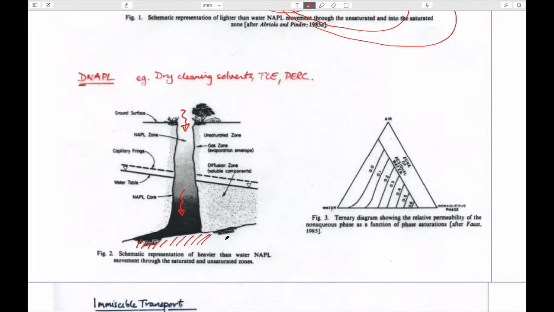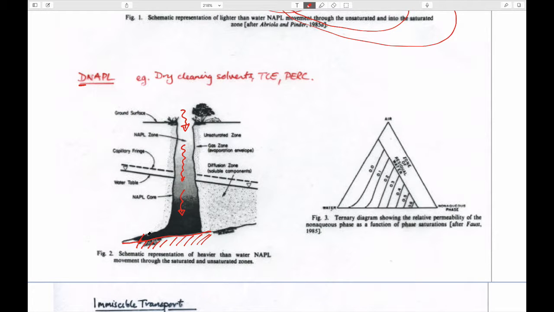And typically it'll be an area of low permeability, but it's not the mechanism of permeability which is stopping it. It's the mechanism that, because low permeability materials typically have very small pore throats, interfacial tension doesn't allow it to get pushed into this region. And so typically a capillary barrier will be what will stop it. It will have very similar properties to the lighter than water fluid, in that this will be a chimney which is smeared with the dense non-aqueous phase liquid, DNAPL.